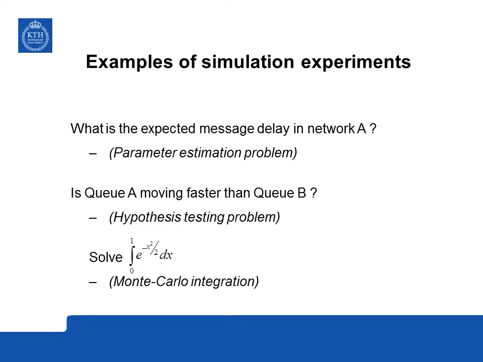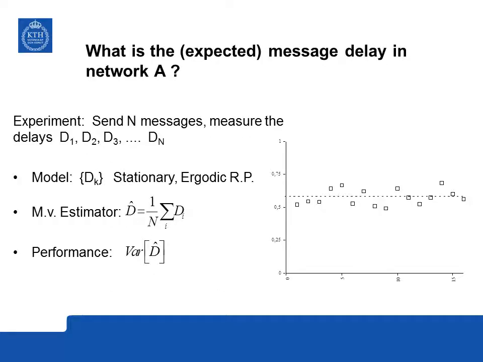So let's look at the first problem. What is the expected message delay? How would we do that? Well, we create a system model of our network, and we enter n messages into the network, and then we record the delays that these messages incur. These will be random numbers, and we model them as a stationary ergodic random process, and then we use the mean value as an estimator of the expectation.